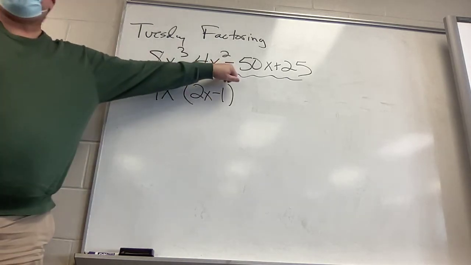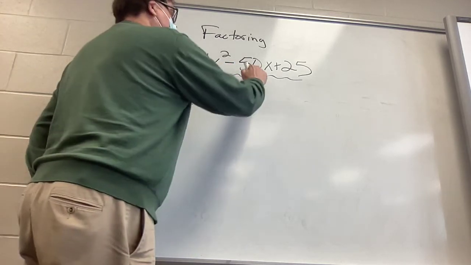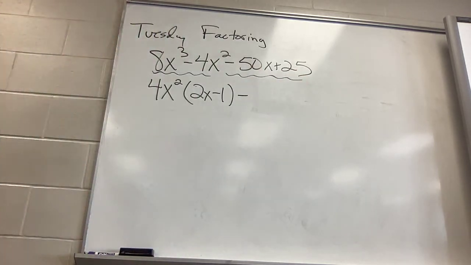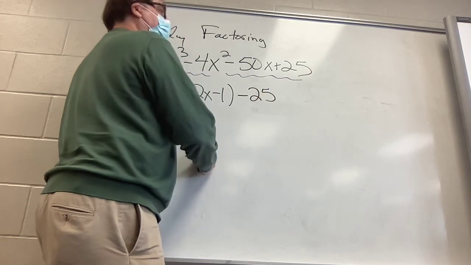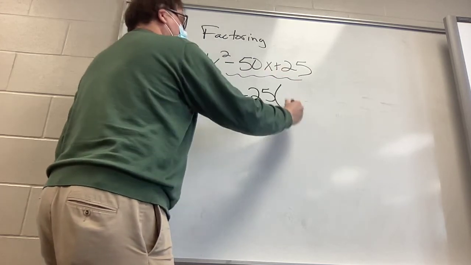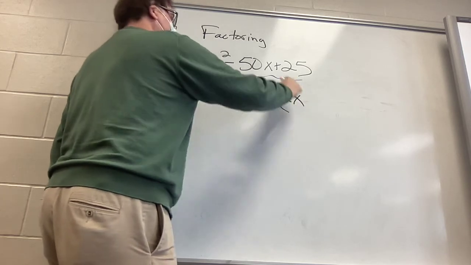If this is a negative, almost always you're going to pull out a negative something. And in fact, there's a number that goes into 50 and 25, and that answer is -25. Negative divided by negative is positive 2x.